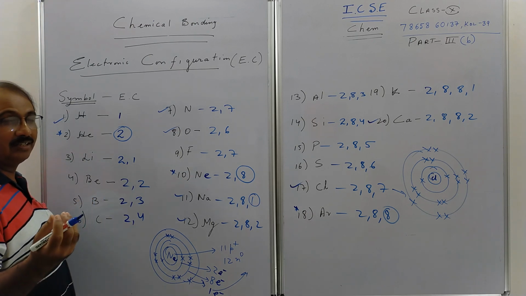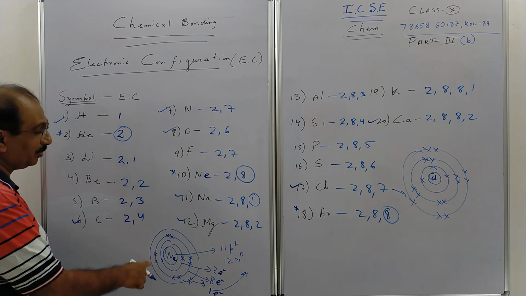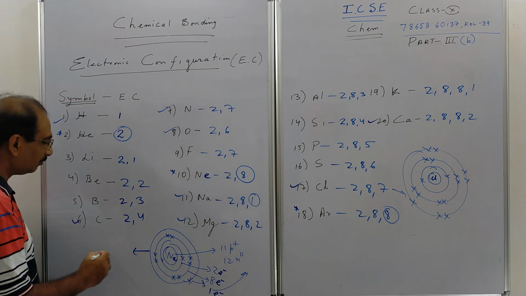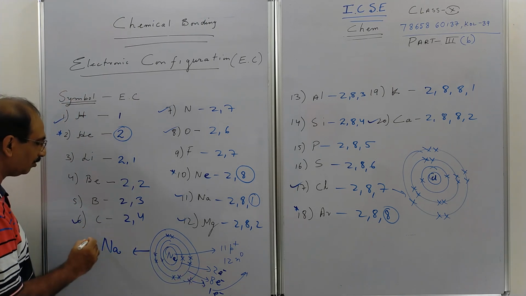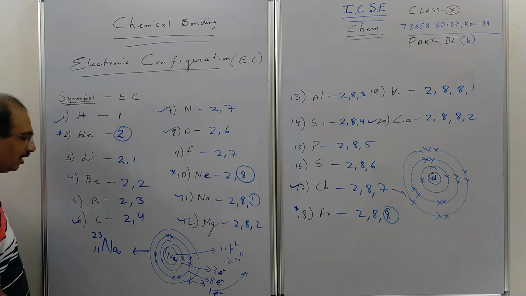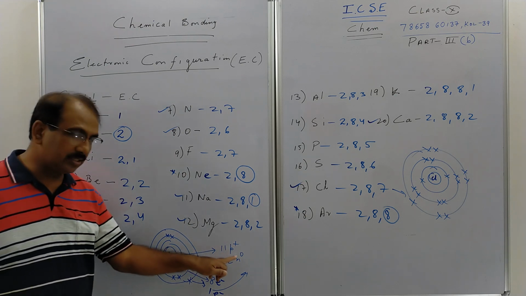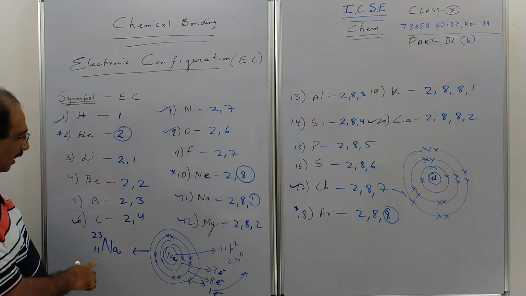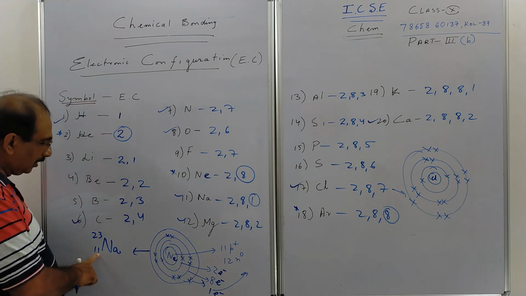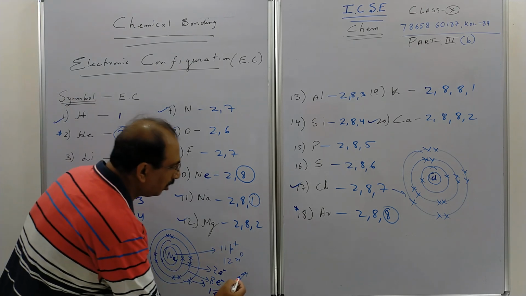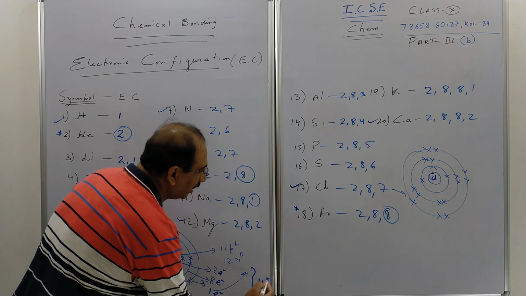But generally in our solar system there is one planet in one orbit, but here in the first orbit we have 2, in the second orbit we have 8. So something like this we also write, sodium is 23, 11. On top generally we write the mass number, 23, which is the sum of proton and neutron, and generally the lower one is the atomic number, which you can say is either the number of protons or the number of electrons.